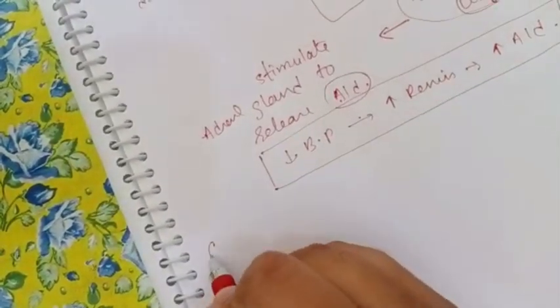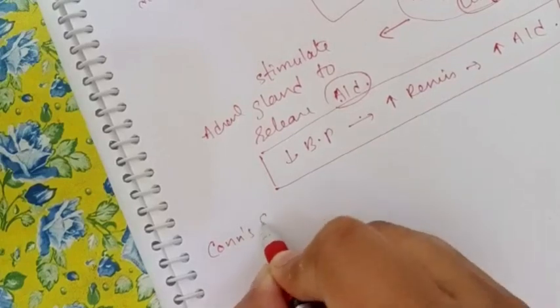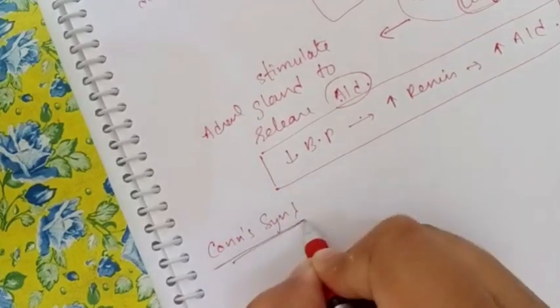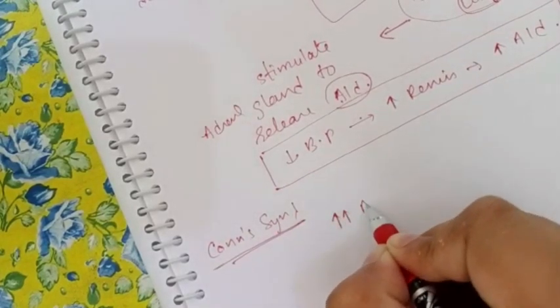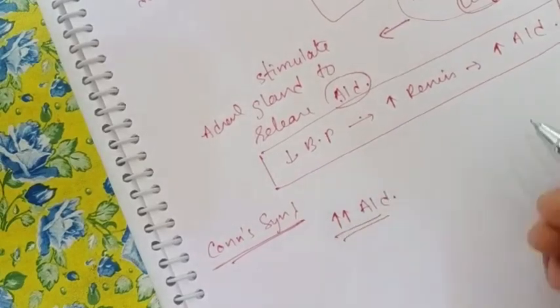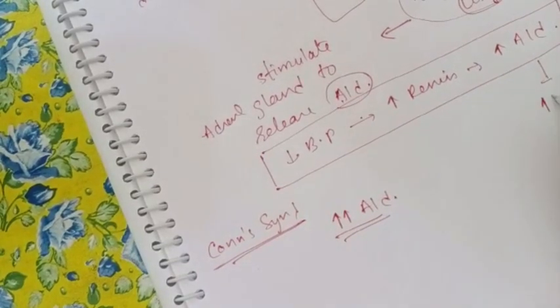But in Conn syndrome, what is happening? There is increased aldosterone. Already aldosterone is too high.